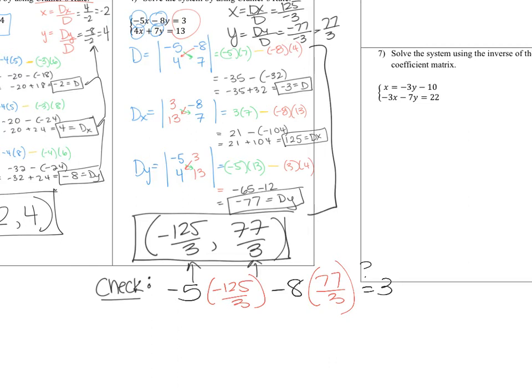If I multiply the negative 5 over 1 times negative 125 over 3, that's going to be 625 over 3. And then the 8 over 1 times 77 over 3, that will be 616 over 3, which is going to be equal to 9 over 3, which does indeed equal 3. So I checked it on that one. So you should check it in the other one too, just to verify, because it's supposed to satisfy both equations. So make sure you check on that one too.